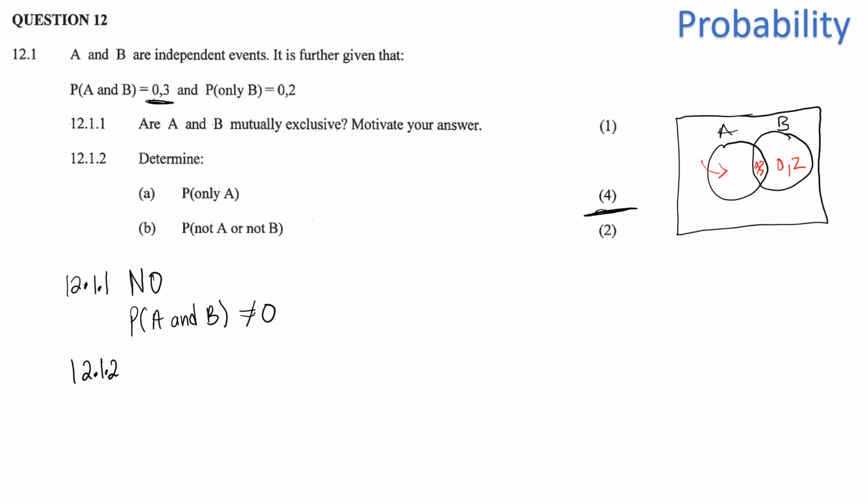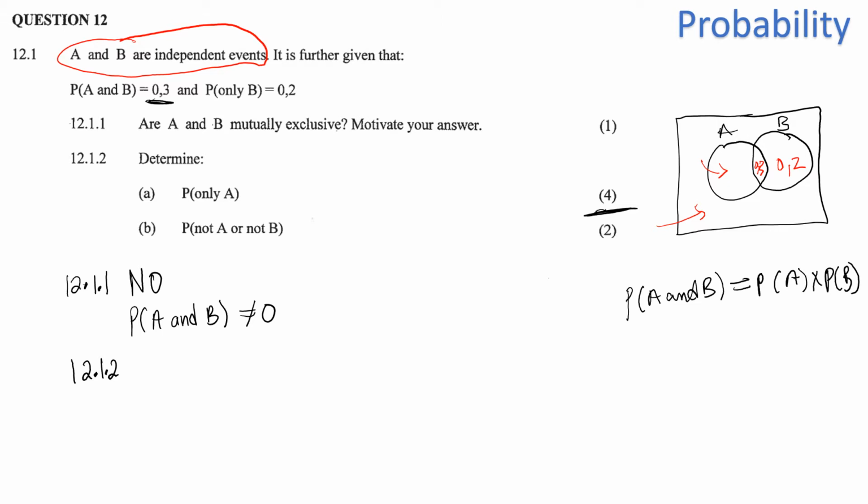Now they want us to get the probability of only A. How can we get it? Remember, we need to get that part, and also anything on the outside. The keyword we are given here is that events A and B are independent. If two events are independent, then probability of A and B is the same as probability of A multiplied by probability of B. Take note that I'm not saying A only and I'm not saying B only.